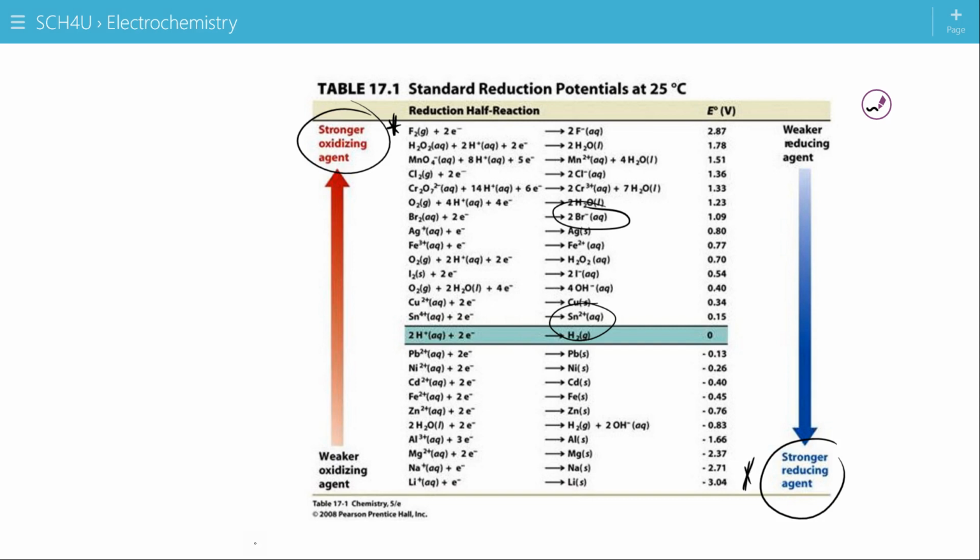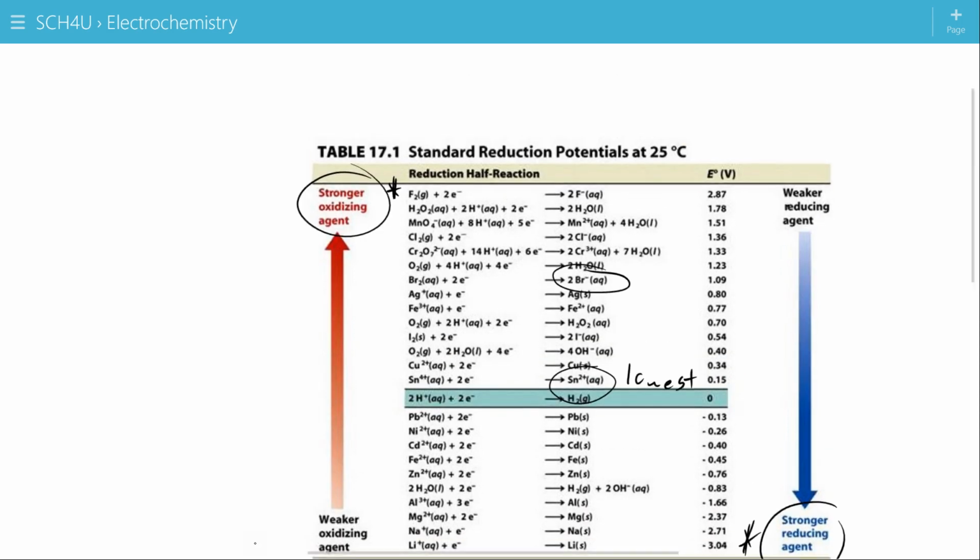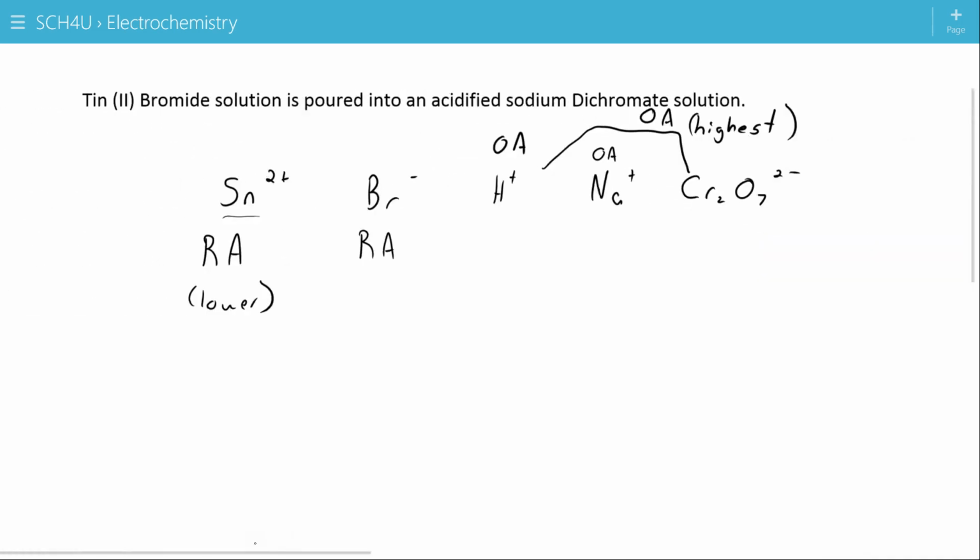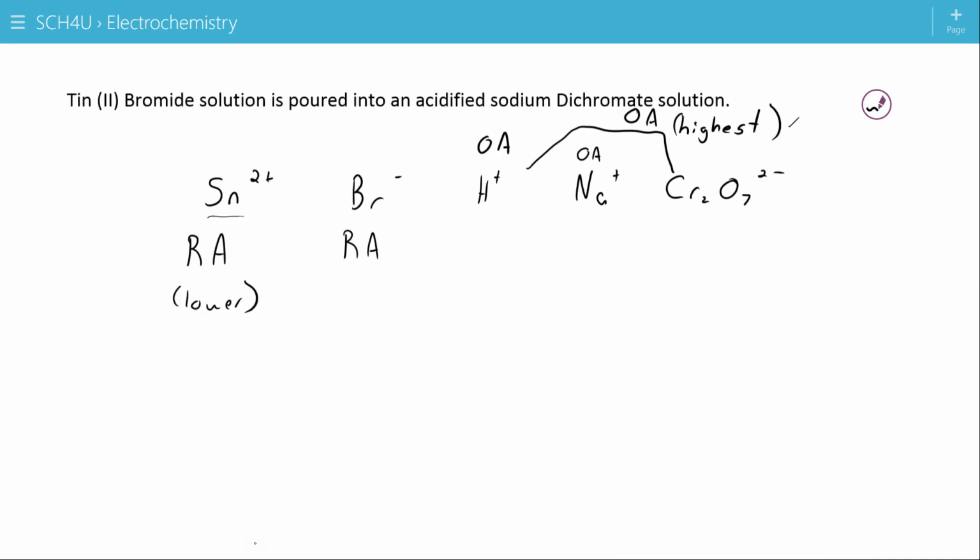Alternatively, these want to get oxidized the most, or undergo the backwards reaction the most. So for the reducing agent, I'm looking for the lowest, and for the oxidizing agent, I'm looking for the highest. With that in mind, I did label these as I went through. This one was the highest and this one was the lowest.